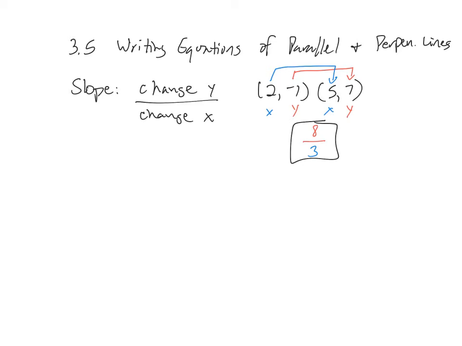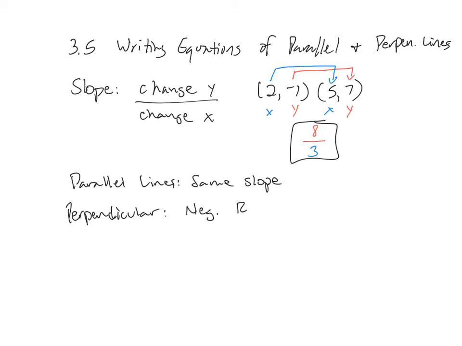Okay, so parallel lines have the same slope. Perpendicular lines have a negative reciprocal slope.